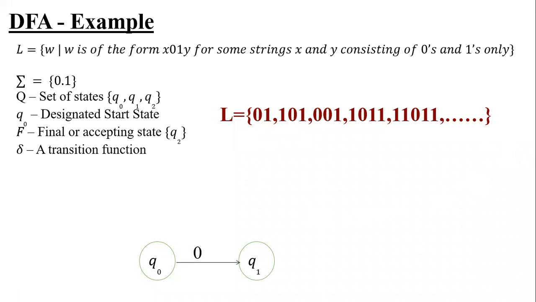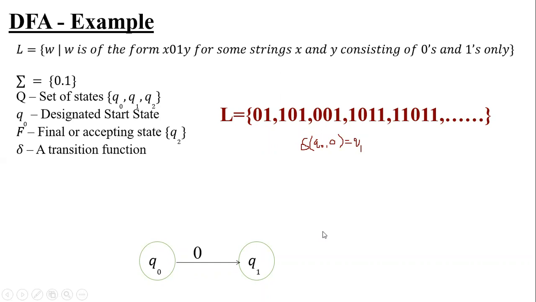So the equivalent transition function we can have is like this. For example, the transition function says that from the state Q naught on the input 0, we will move to the state Q1. Next, we need one more transition for the input 1.